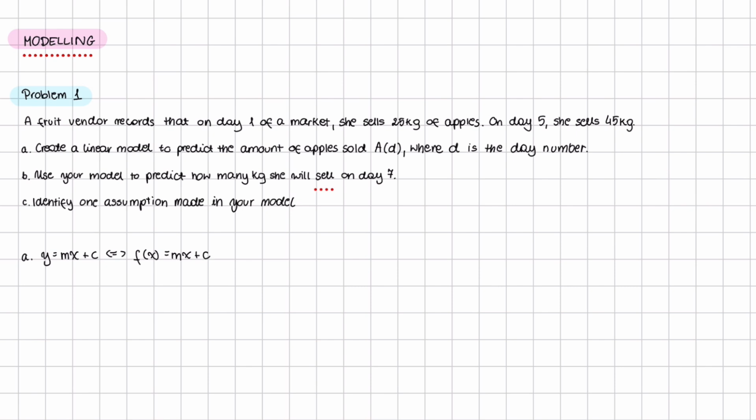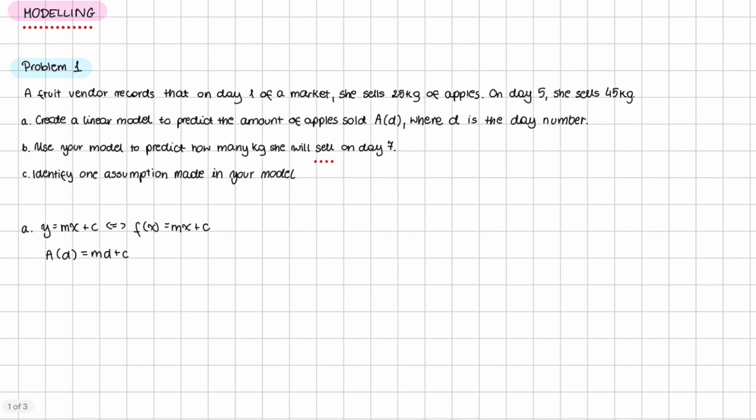However, our function is a versus d, so it will look like a(d) equals md plus c, because our x is d, the day number, and a is the amount of apples sold. And 1 and 5 are d because these are day numbers, and 25 kilograms and 45 kilograms are a, the amount of apples sold.